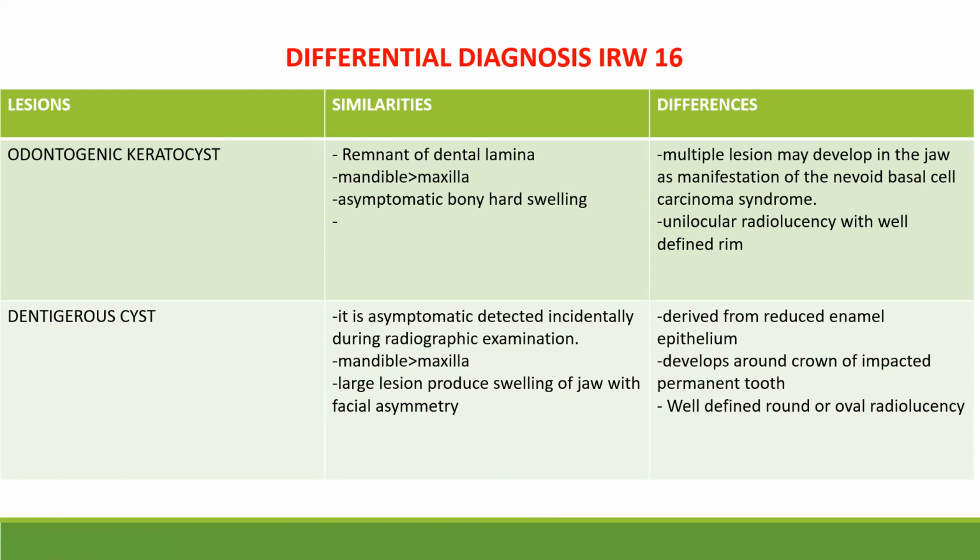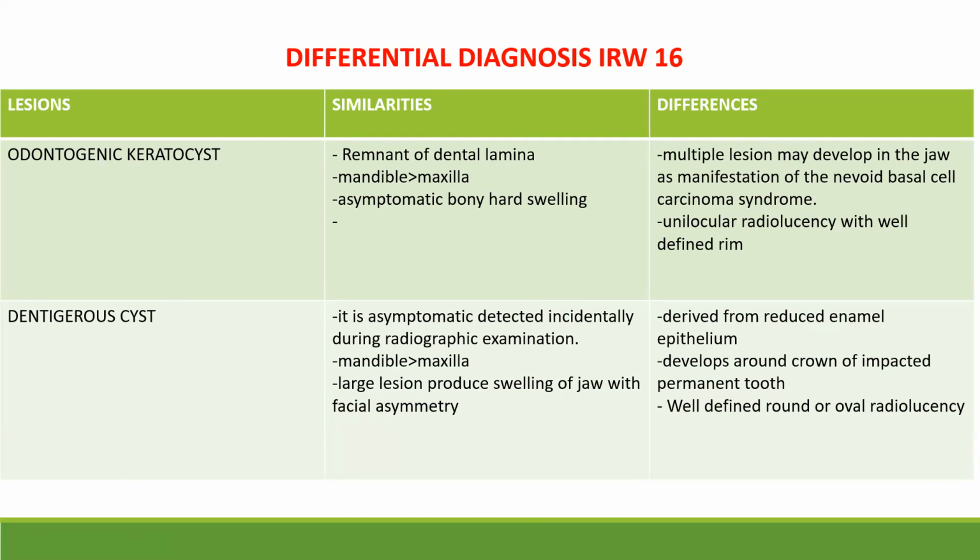The similarity between OKC and this lesion is that both arise from remnants of dental lamina, the mandible is affected more than the maxilla, and it is an asymptomatic bony hard swelling. The difference is that multiple lesions may develop in the jaw as a manifestation of nevoid basal cell carcinoma syndrome. Unilocular radiolucency with a well-defined rim is also present.